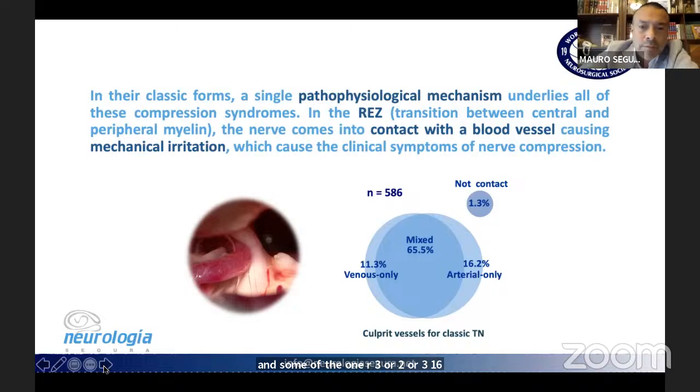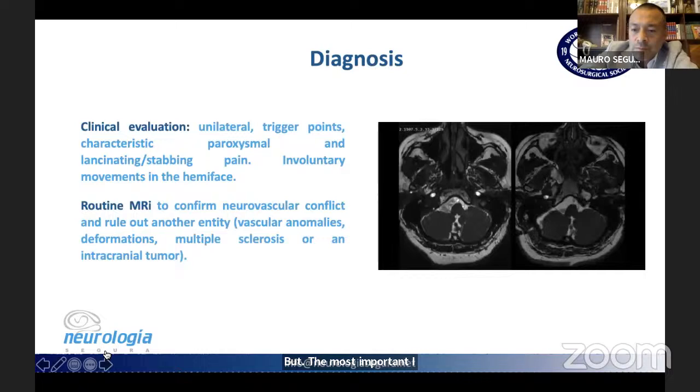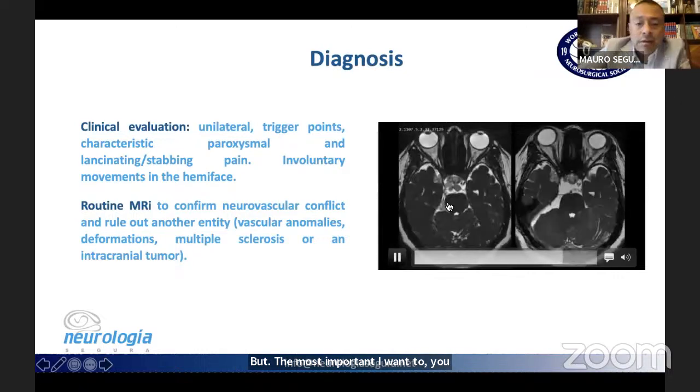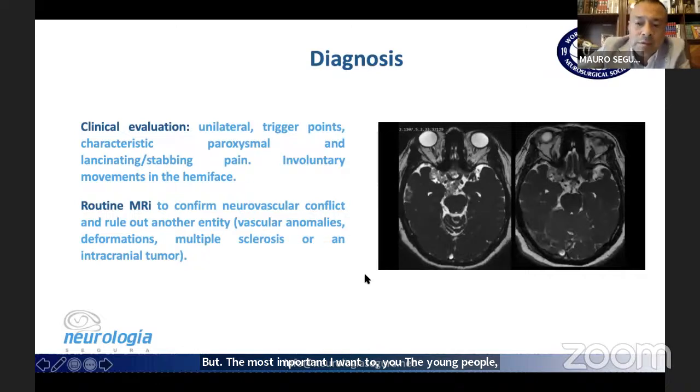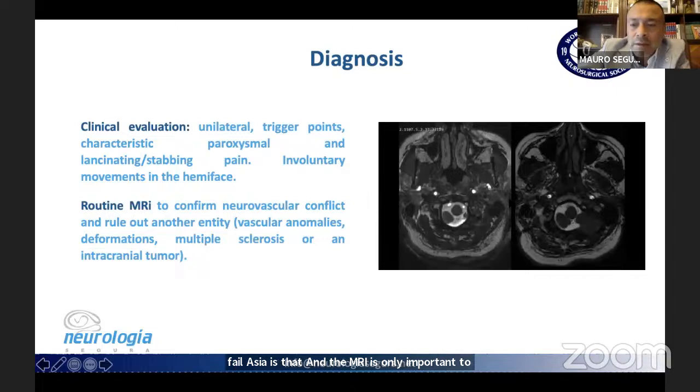But the most important thing I want the young people to pay attention to is that the MRI is only important to find a tumor as the cause of trigeminal neuralgia.